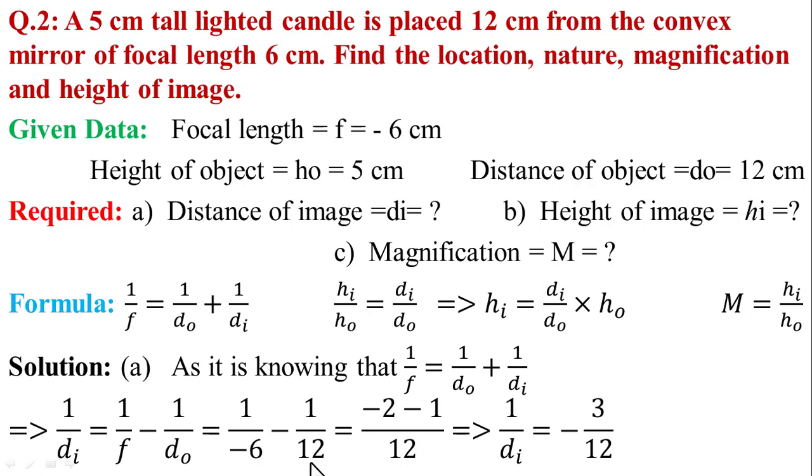Taking the LCM, LCM is 12, then minus 2 minus 1. So this implies that 1 over di is equal to minus 3 upon 12. Now taking the reciprocal, we find di. This implies minus 12 upon 3. 12 divided by 3 is equal to 4. So di is equal to minus 4 centimeter.